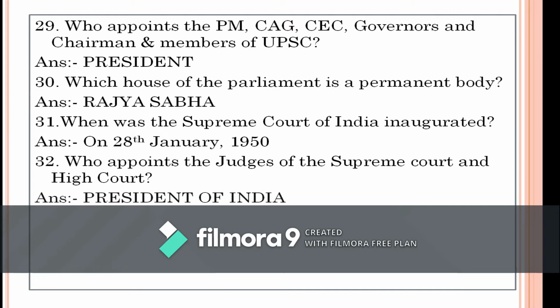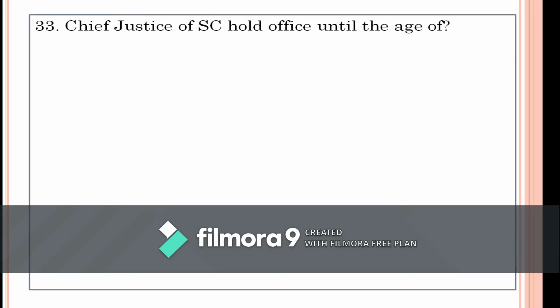The next question will be: Chief Justice of Supreme Court holds office until the age of? This is also a very important question which I exactly cannot remember the year, but I got in the APSC.